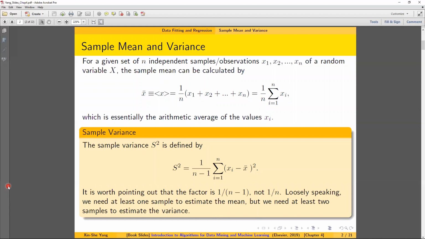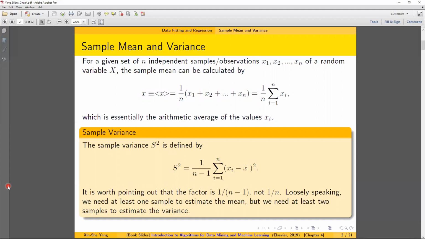Sample mean and variance. For a given set of independent sample observations x1 to xn of random variable capital X, the sample mean is nothing but 1 over n times the sum of all the individual observations, right? So that is the mean, which essentially is the arithmetic average of the values of xi.